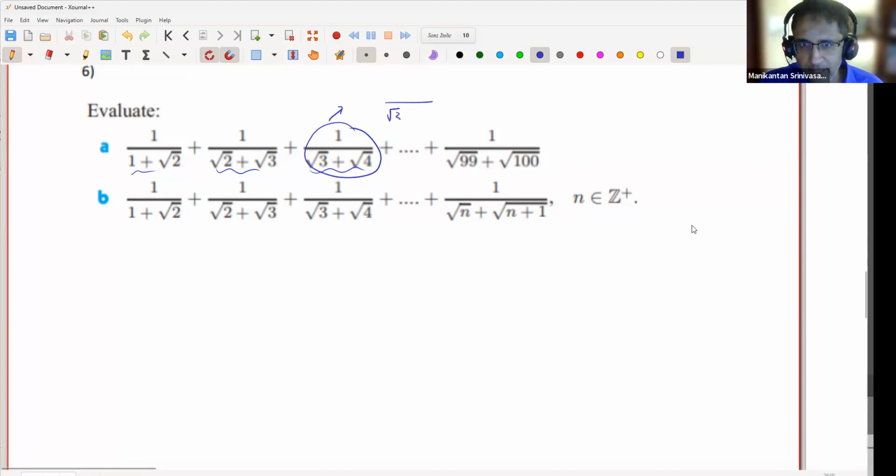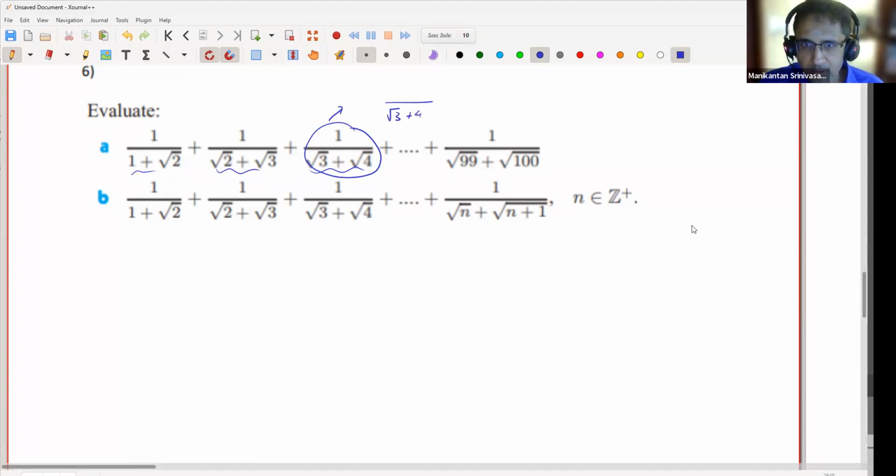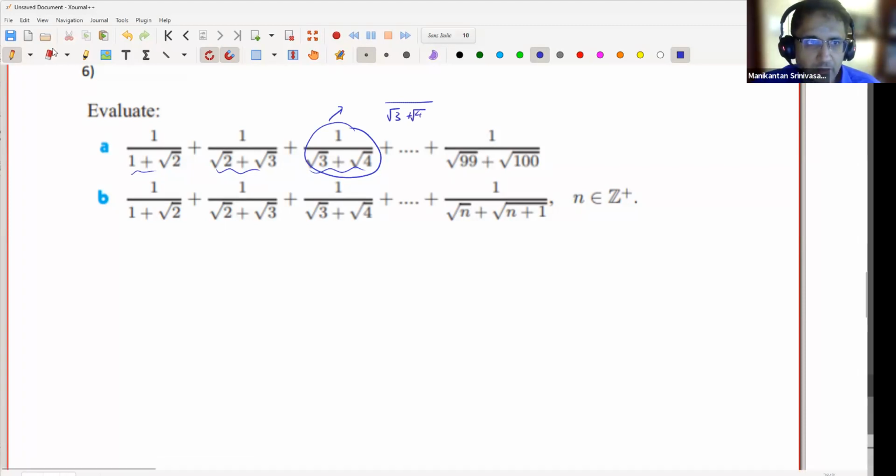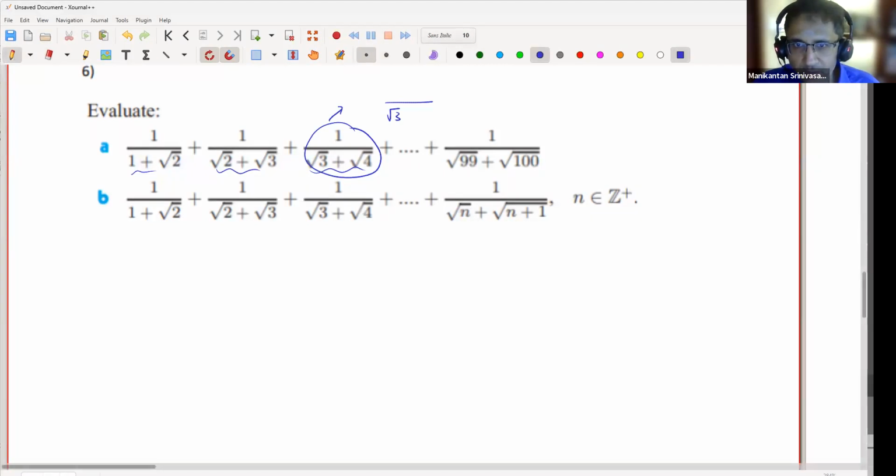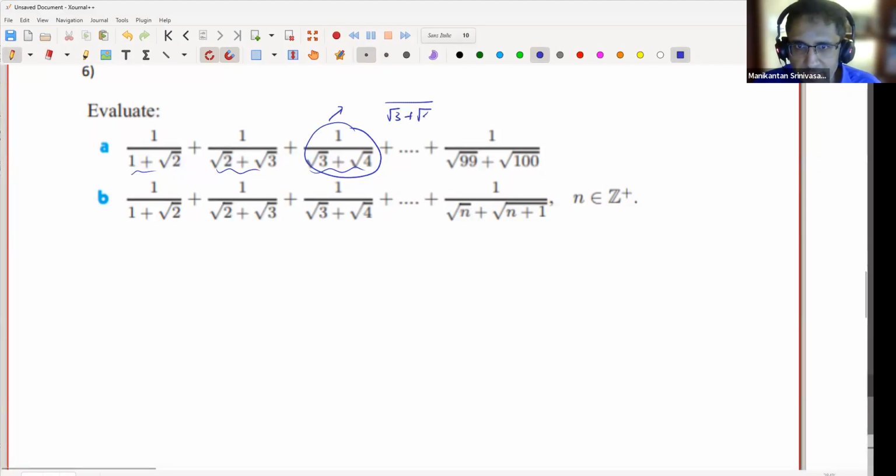I can either do root 4 minus root 3 or root 3 minus root 4, but I'll just keep the same order so that it's easy to understand. I know root 4 is 2, but in a general case, let's say it's not a perfect square, then this is how I'll do it, right?